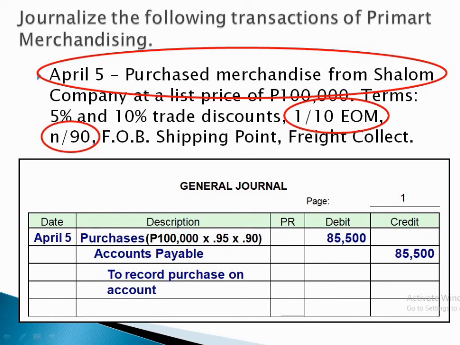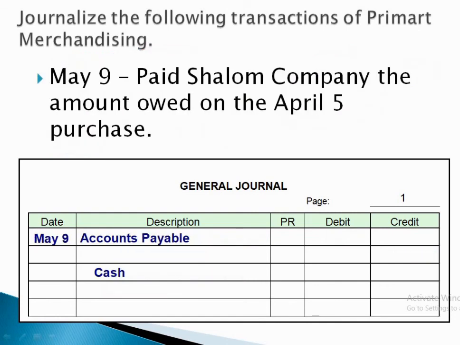Meaning the buyer, in this case Primart, gets 1% discount if it is able to pay within 10 days, not from the date of purchase or invoice date, but from the end of the month of purchase. In short, 10 days from the end of April, 10 days from April 30. So what's the last day of the discount period? May 10.